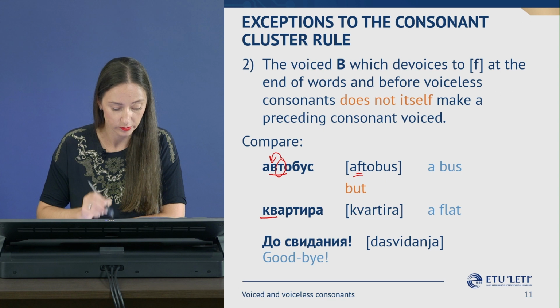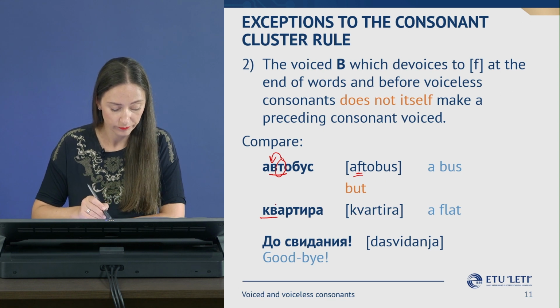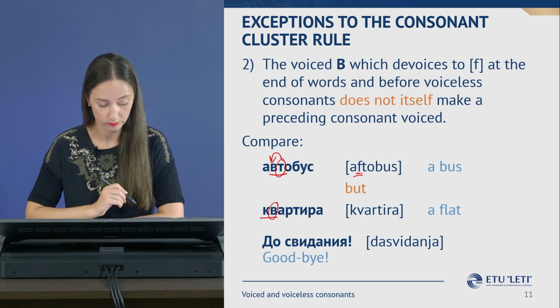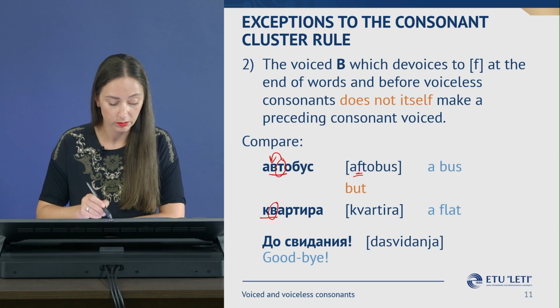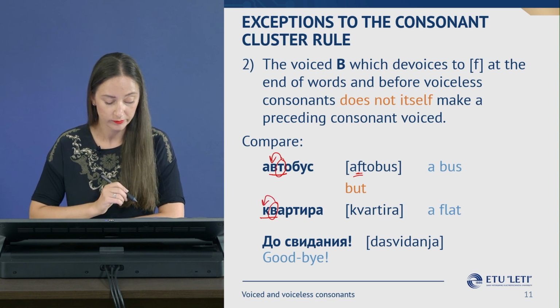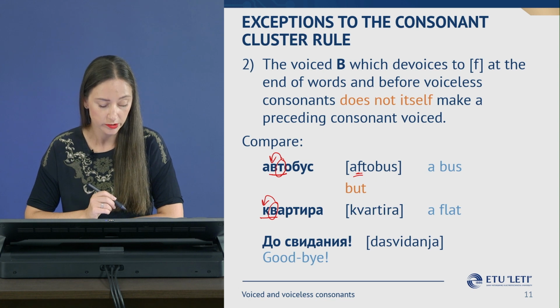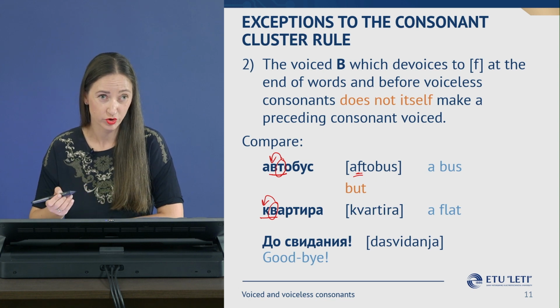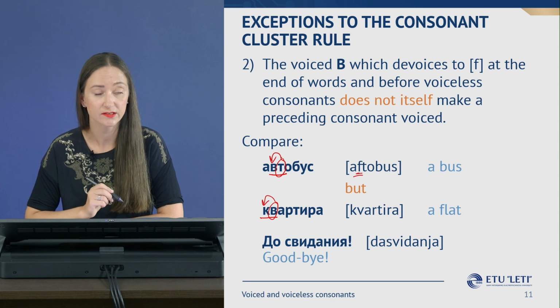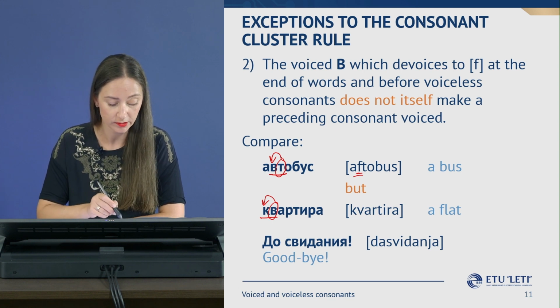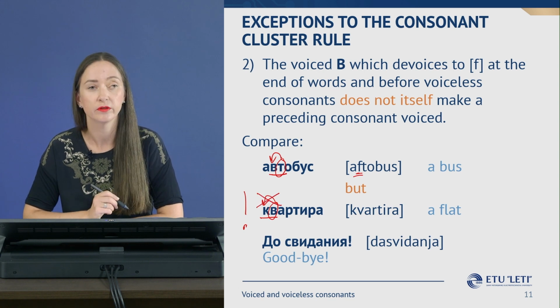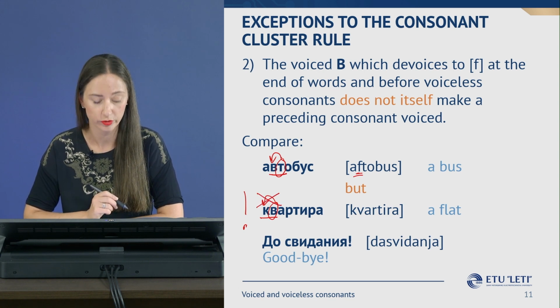Look at this cluster. The cluster finishes with V, and it doesn't become гвартира, right? You kind of feel that it should, but no, this is the exception. V itself cannot make the previous consonant voiced.